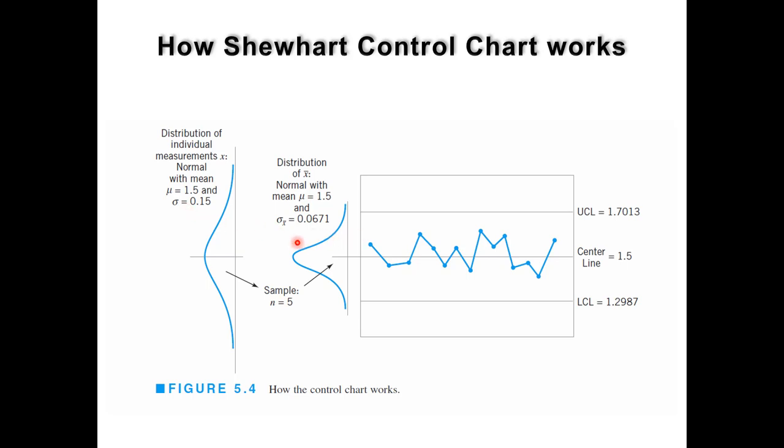So using the subgroup mean, the value of sample means for each point of the process, will give a better situation where the process shows that it is in statistical control.